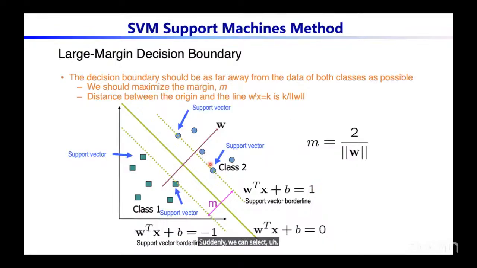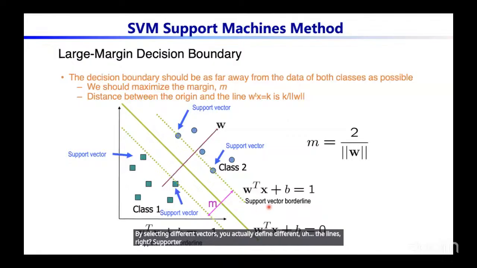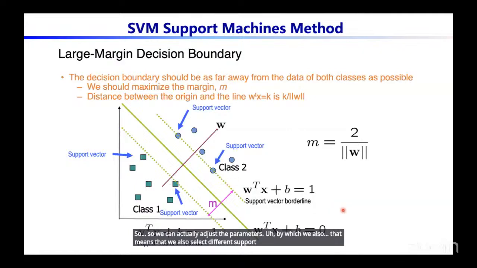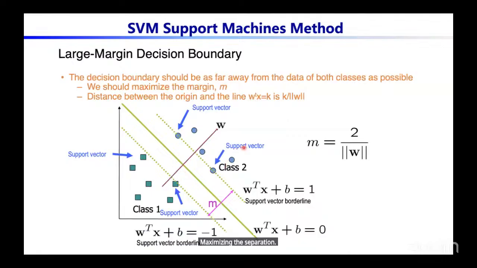The equation can be determined by maximizing the separation, because we can certainly select different vectors to be support vectors. By selecting different vectors, you actually define different support vector lines. So we can adjust the parameters, which means that we also select different support vectors, in such a way that we maximize the separation between one class of samples and the other class of samples.